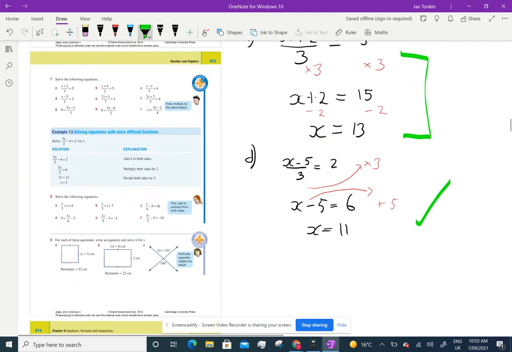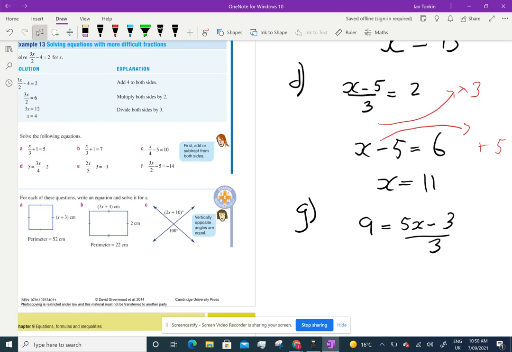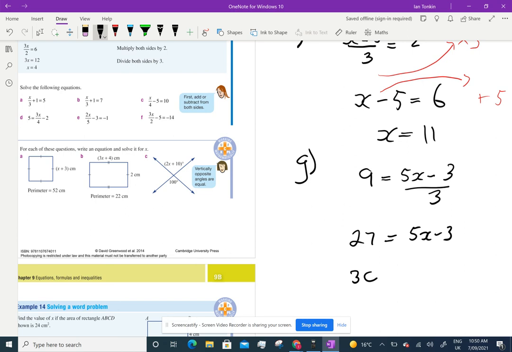Okay, the last one. If you are really smart or just plain lazy, as I know some of you may be, you don't even have to write anything if you know what you're doing. 9 equals 5x minus 3 over 3. So I'm going to do this the way that I would do it. I just multiply the 3 across. I don't have to write it. 3 times 9, 27. I get 5x minus 3. Add that 3, 30 equals 5x.